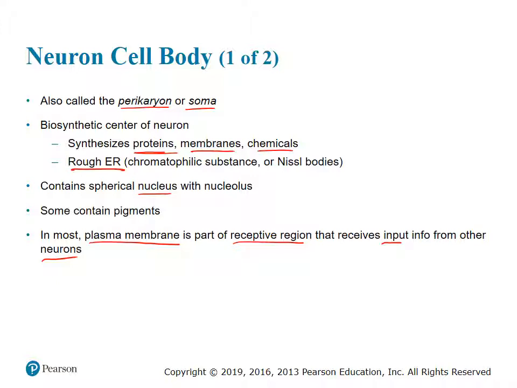That's what we call the receptive region. That's where the signal is received from other neurons sending chemical signals to the cell body. It processes that information and then will create and send a signal down to the edge of itself to the next neuron, and so on and so forth.